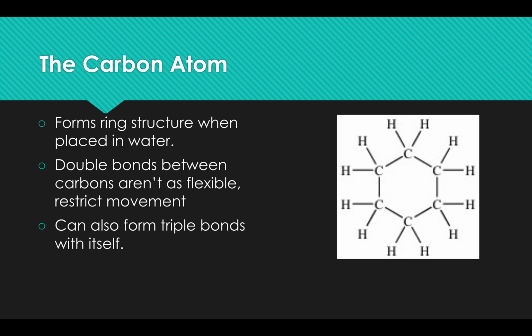Okay. It can also form ring structures when it's placed in water. Double bonds between carbons aren't as flexible. They're not going to be as flimsy and move around in rings, so they restrict movement. But carbon can also form triple bonds within itself. Carbon's a big deal in organic chemistry.